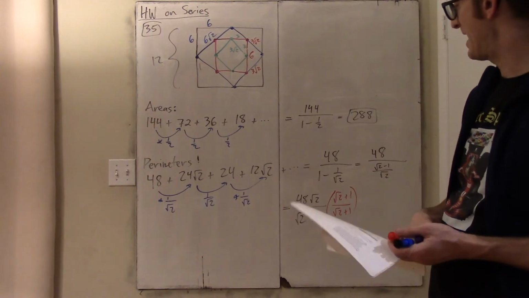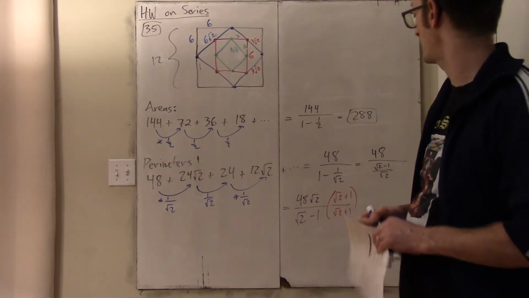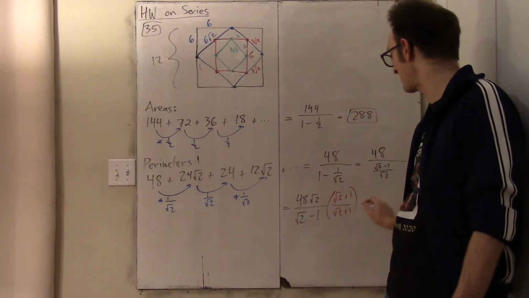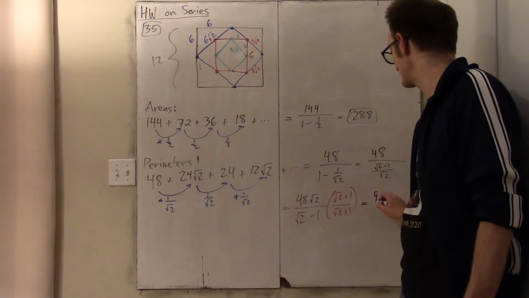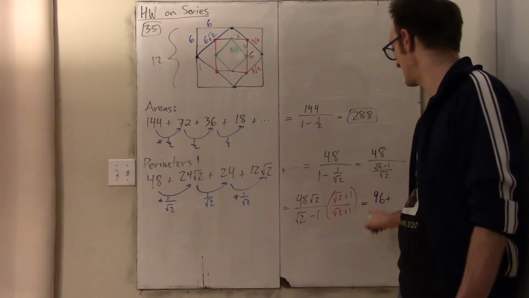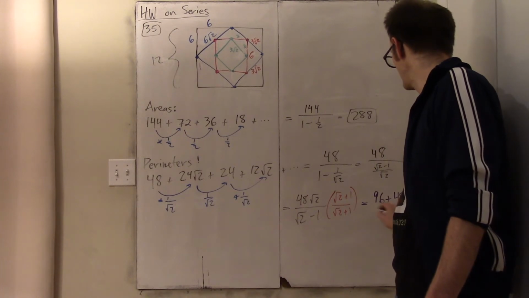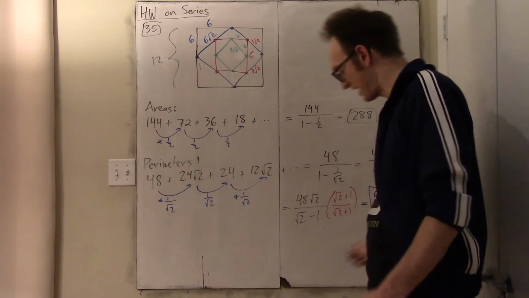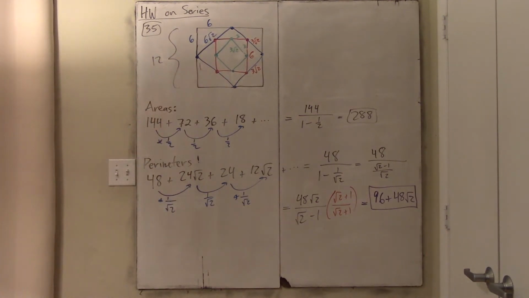If you do that, you get 2 minus 1 in the denominator, so that's just gone. So the answer is just the numerator. 48 root 2 times root 2 is going to be 96, plus 48 root 2. So maybe that's an indication of why people like to simplify all the way, because sometimes you get something really nice like that.